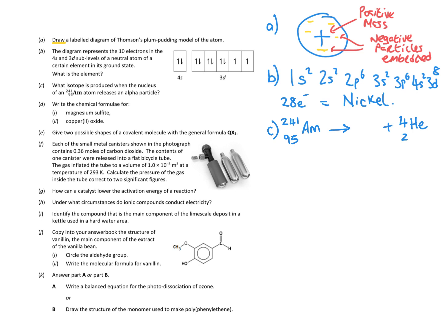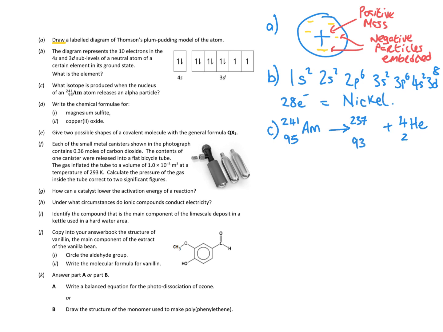And when you're doing an alpha nuclear reaction, the mass and atomic numbers on the left hand side should be equal to the sum of the mass and atomic numbers on the right hand side. So if I have lost 4 from my mass number on the right hand side, that must mean it is 237, and consequently I've lost 2 from my atomic number, so it will become 93.